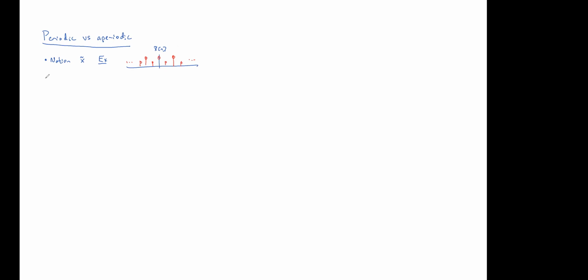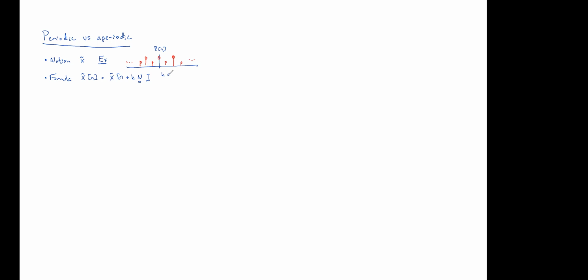And if that's the notation, the formula that is true for a periodic waveform is: a periodic waveform is equal to itself when you translate it by any multiple of its period.